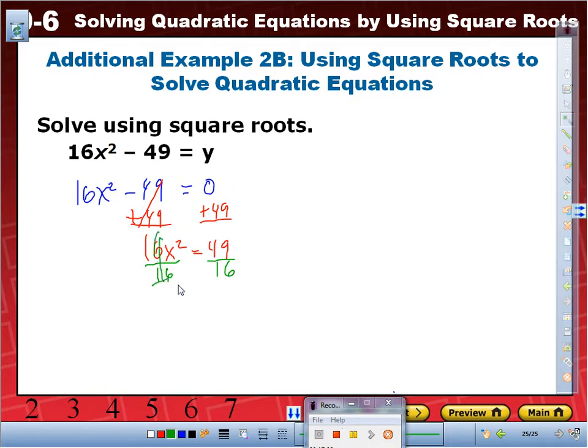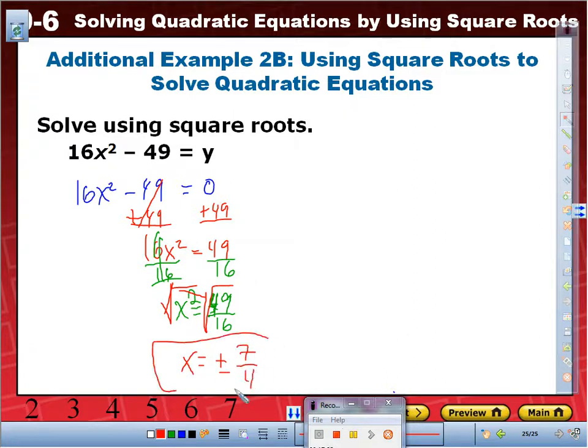We're left with x squared equals 49 over 16. What's our last inverse operation? Take the square root. This cancels this. X equals plus minus 7 over 4. Copy that, please.